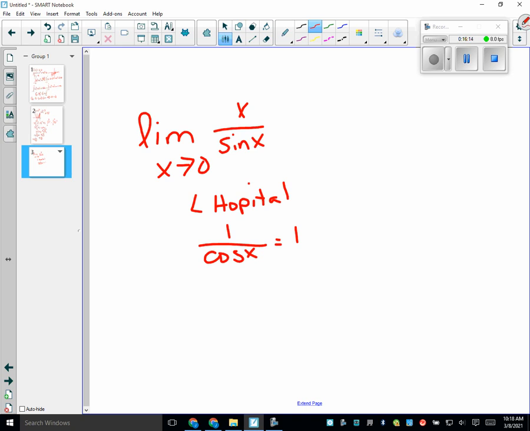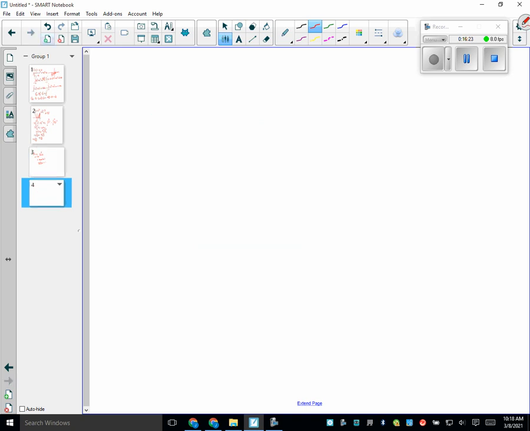We have a region on the graph. This is still no calculator. That is y equals radical x minus 1 and the line y equals x plus 1.